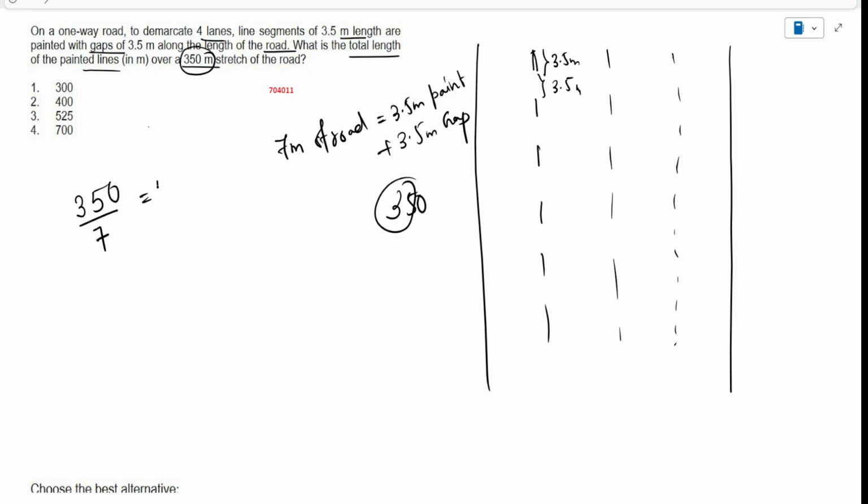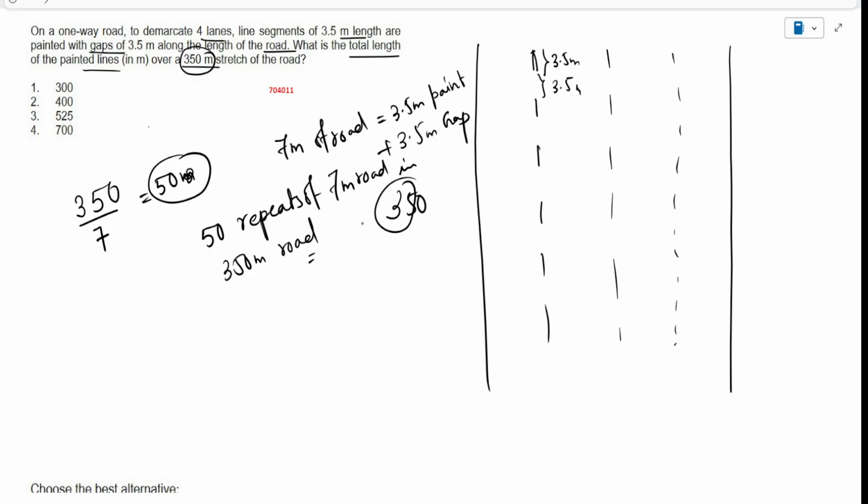Then this is 50. So, total 50 repeats of 7 meter road in 350 meter road.